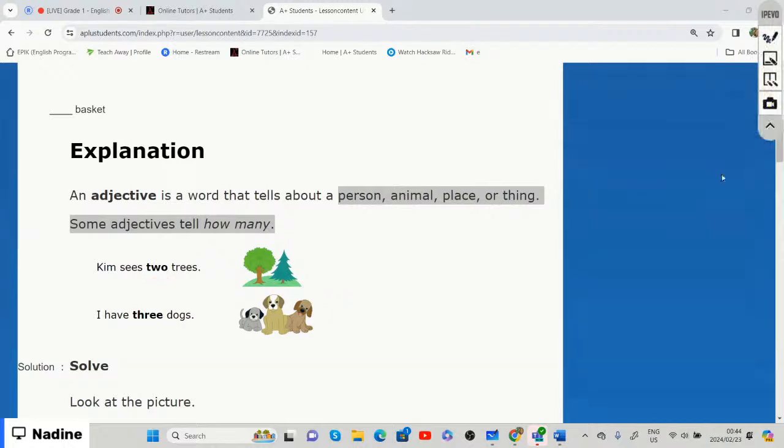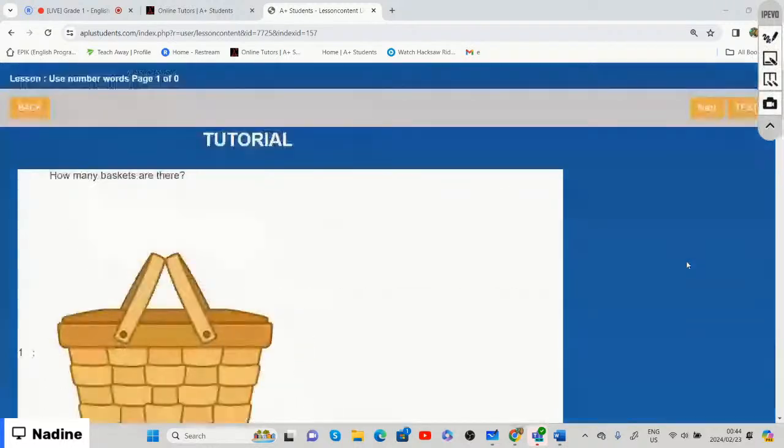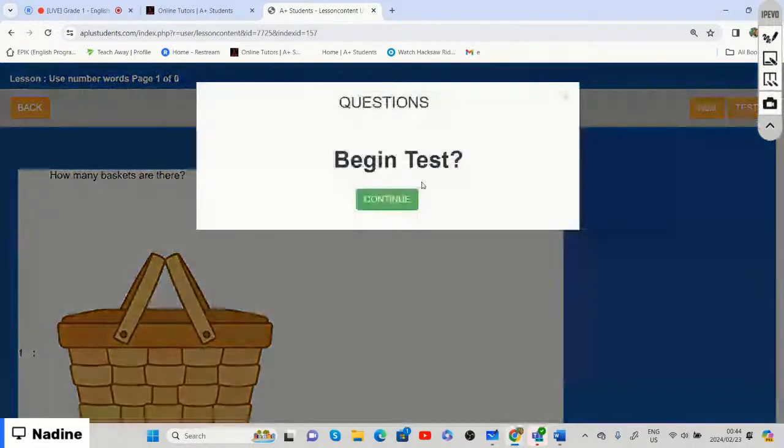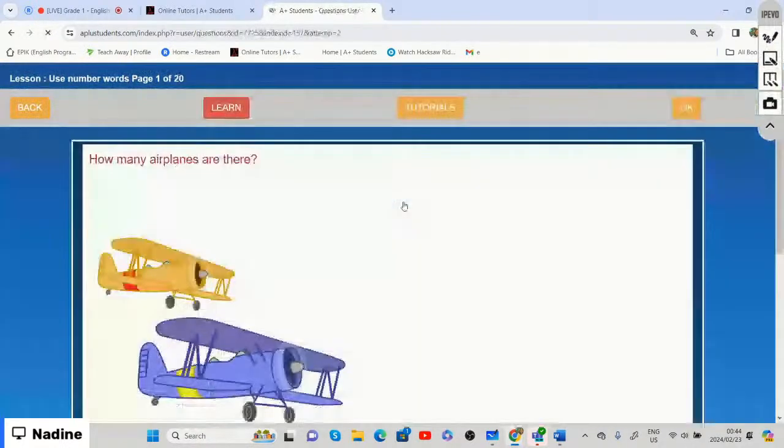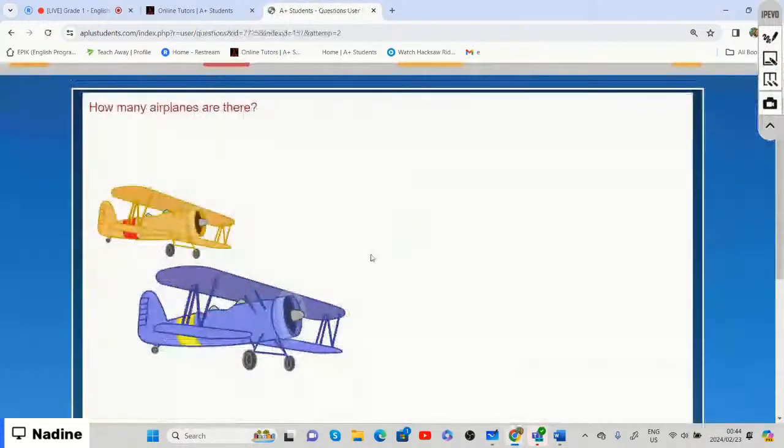Now let's go to our test. If we look at this picture, how many airplanes are there? How many airplanes do you see over here?